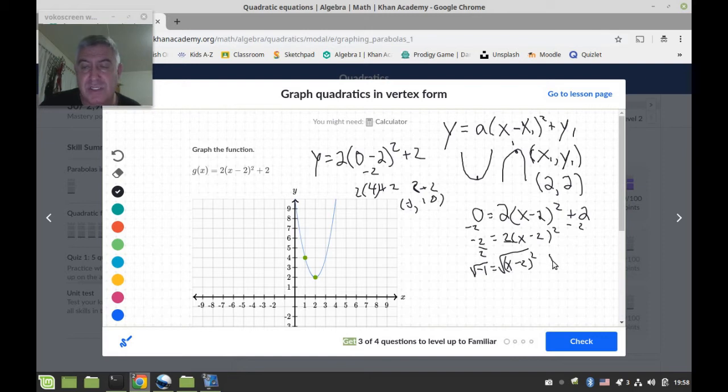So we're going to set x equal to 1. 2 times 1 minus 2 squared plus 2, and so here I have negative 1. Negative 1 squared is 1. 2 times 1 plus 2, and that is equal to 4. So the one point that I can find pretty easily is 1, 4 there, okay?